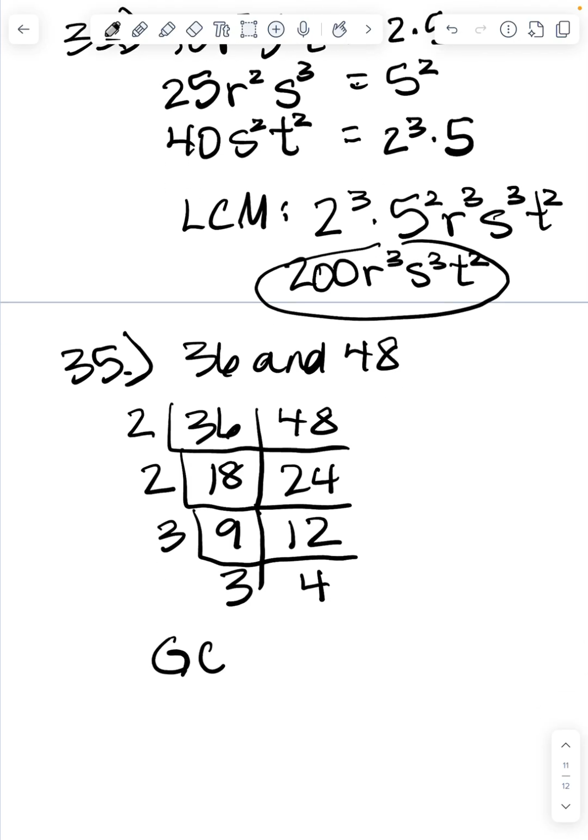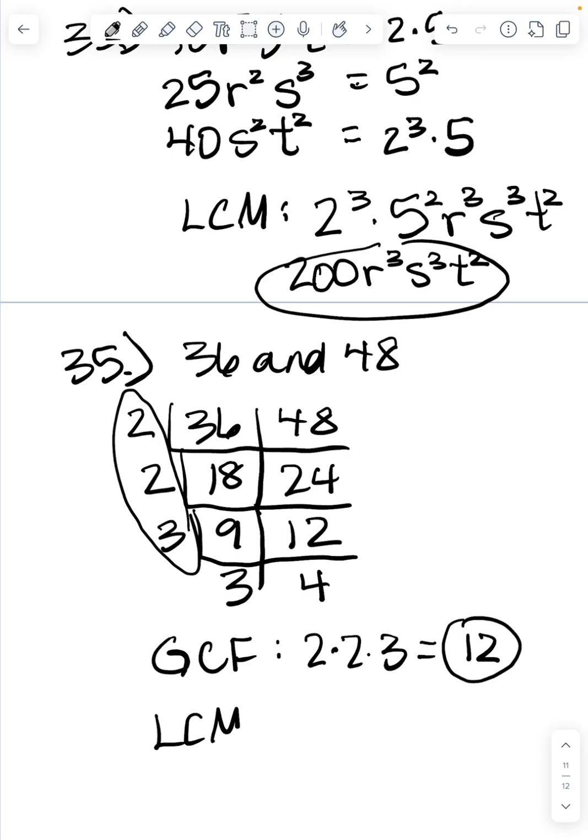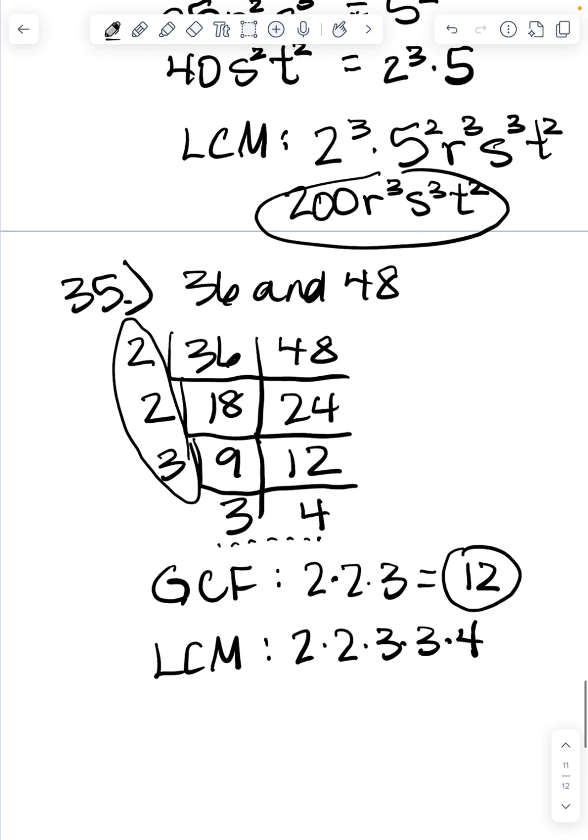So the GCF only uses these, which is 2 times 2 times 3, or 12. The LCM uses those and also these guys on the bottom. So it's 2 times 2 times 3 times 3 times 4. And that's going to get me 144.